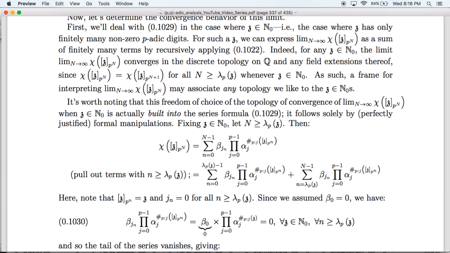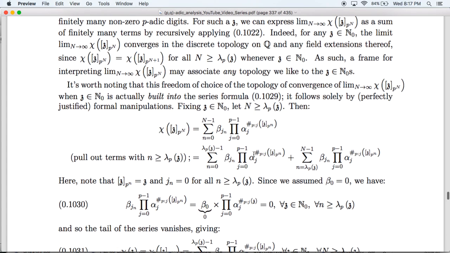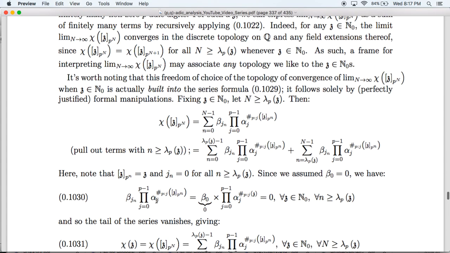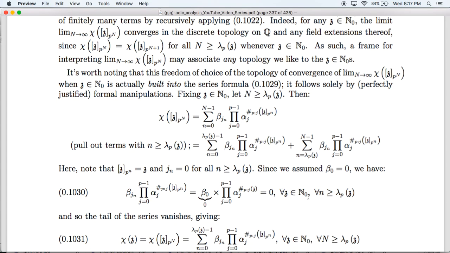Indeed, if we evaluate this series formula like so, for a given non-negative integer z, we can pull out all of the terms for which n is greater than or equal to lambda_p(z), the number of p-adic digits of z. And then in this case, when n is bigger than or equal to lambda_p(z), j_n is going to be 0, in which case this is beta_0, and we specified beta_0 to be 0.